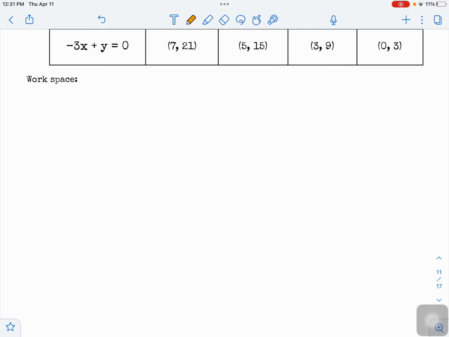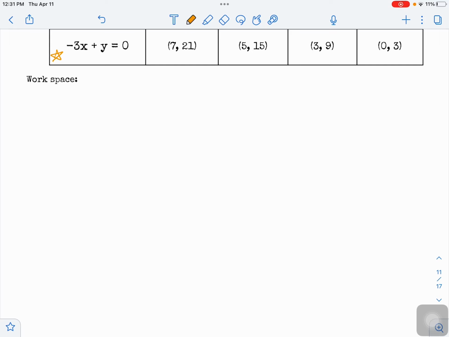This equation right here, negative 3x plus y equals 0, represents a line. We could change it into slope-intercept form. We could find the y-intercept. We could put it on a graph. But instead, what we're going to do is take these 4 points and see if those happen to be dots or stops on the line of this equation.